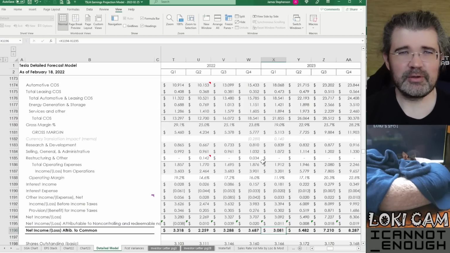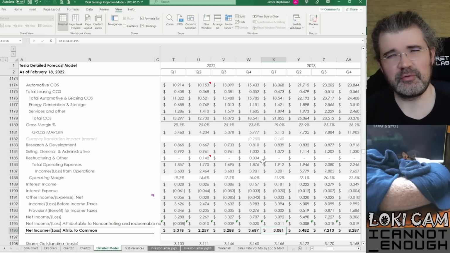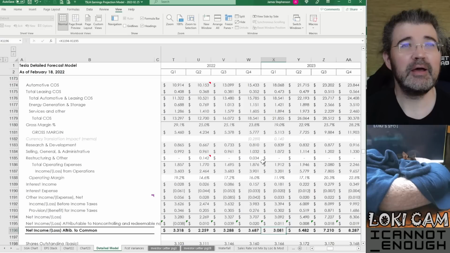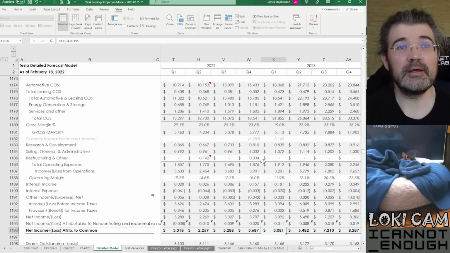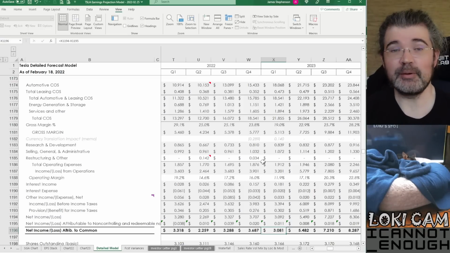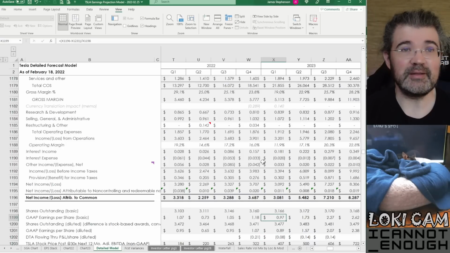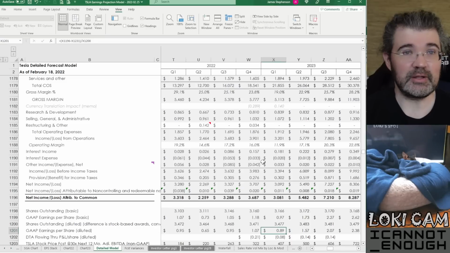Leaving GAAP net income of $3.081 billion. That's my forecast for Q1. Mind the gap, GAAP earnings. So those GAAP earnings per share would be 97 cents basic or 89 cents diluted.